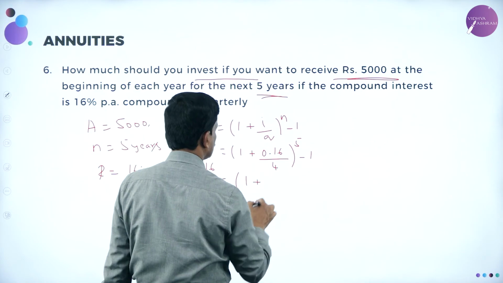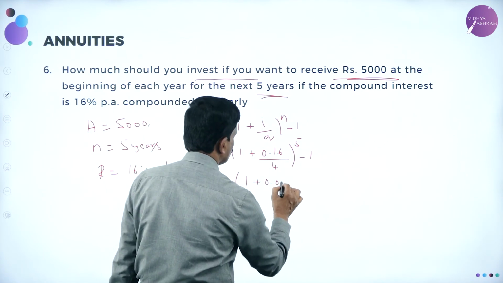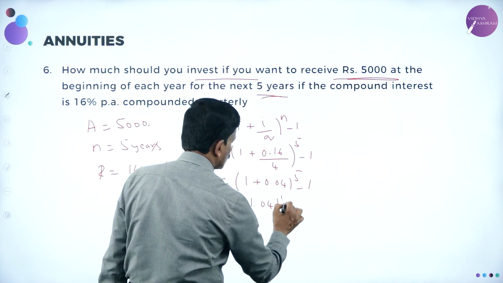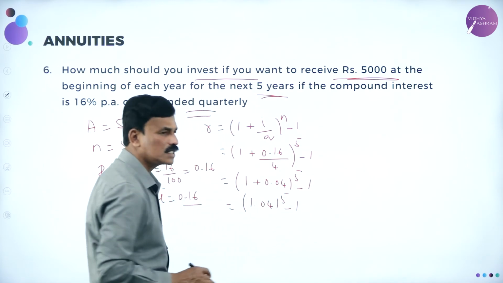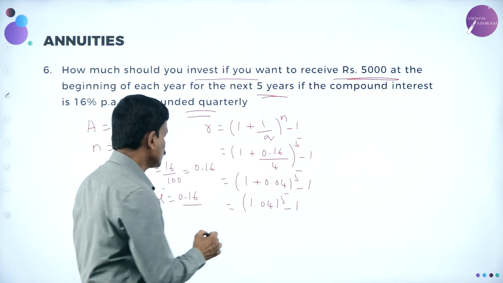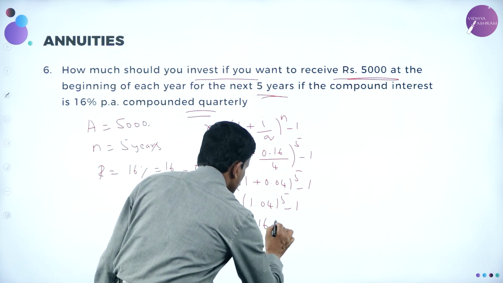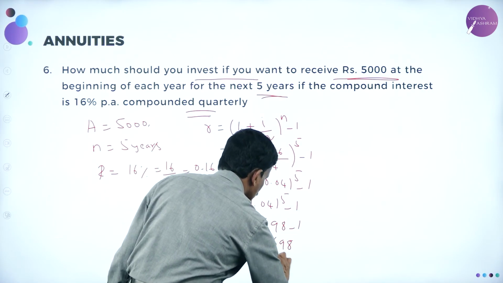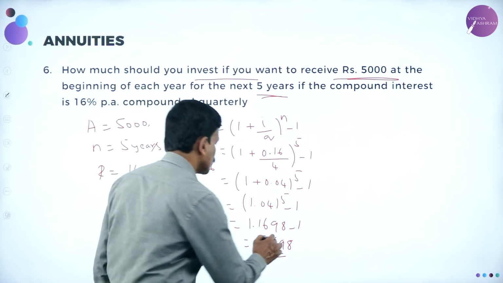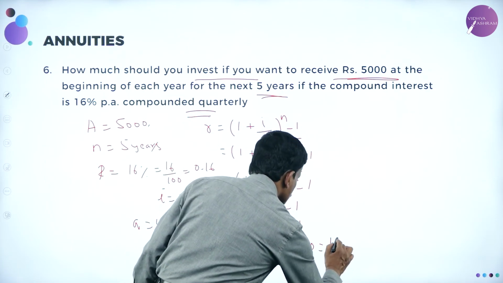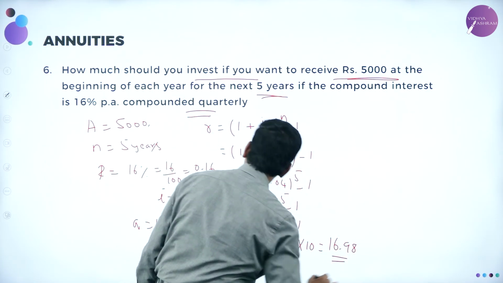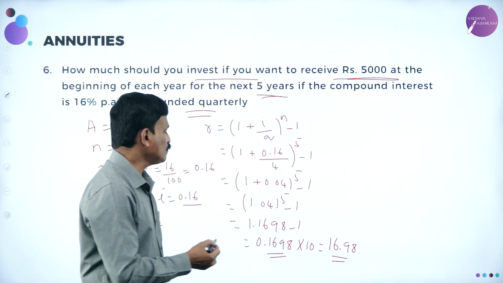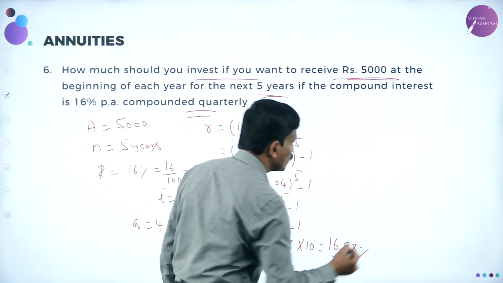This is 1 plus 0.16 divided by 4, that is 1.04 whole raised to 5, minus 1. If you simplify this, it is equal to 1.1698 minus 1, which is 0.1698. Multiply by 100, this is equal to 16.98. So the effective rate of interest is 16.98%.